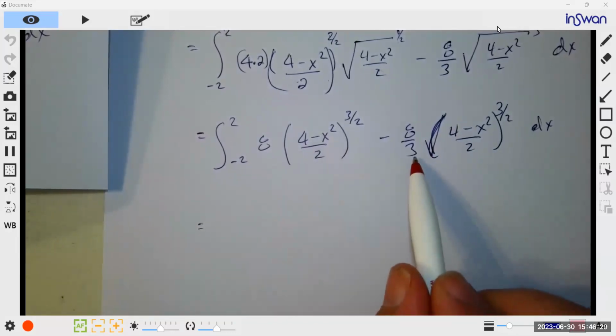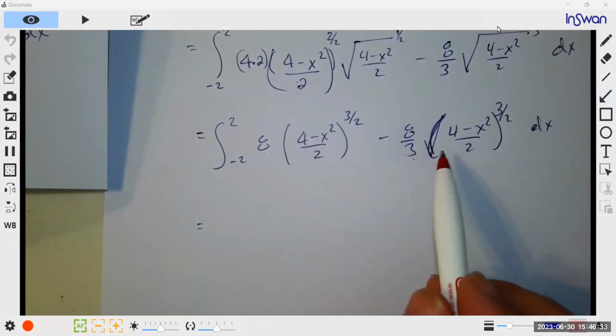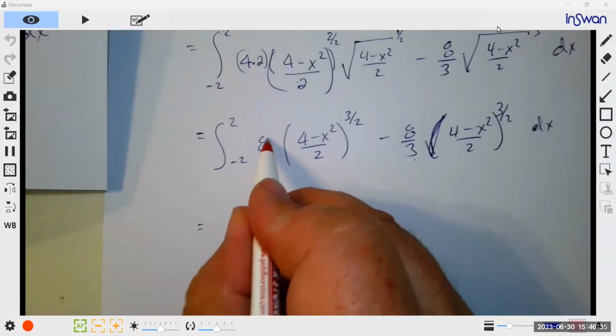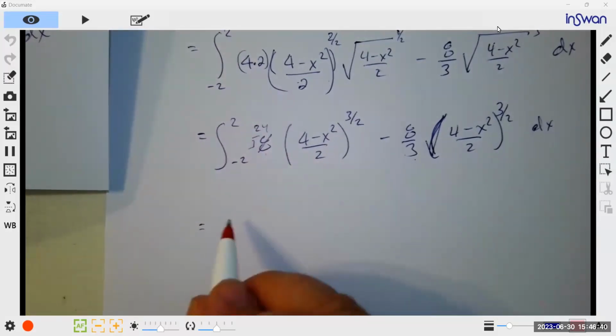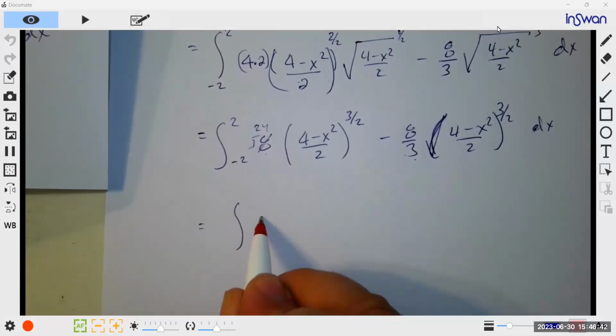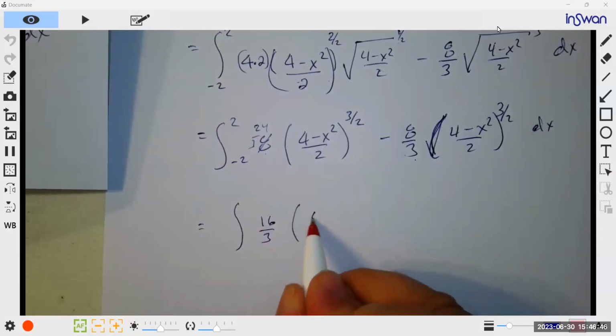Now this can become 8. We combine these two, 8 is 24 over 3, so 16 over 3, 4 minus x squared over 2.